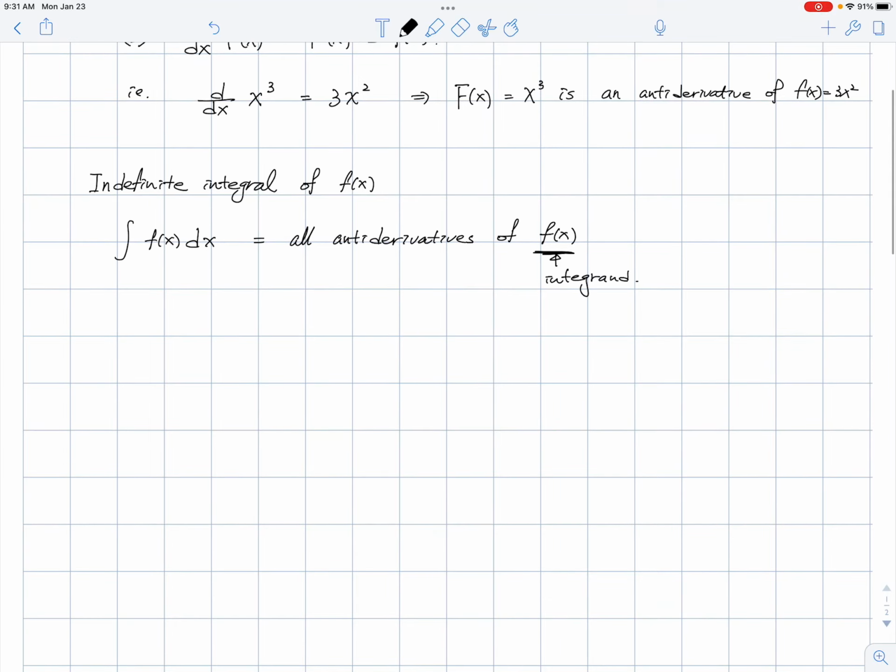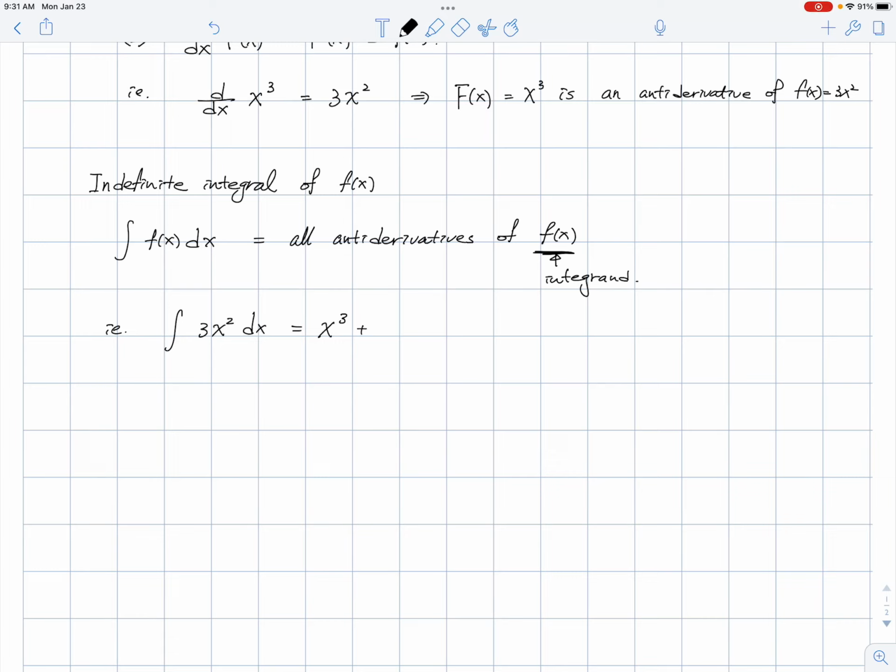Okay? All right. So if we again use this example, 3x squared. From what we just observed, we know that x cubed is one antiderivative of the function 3x squared, right?